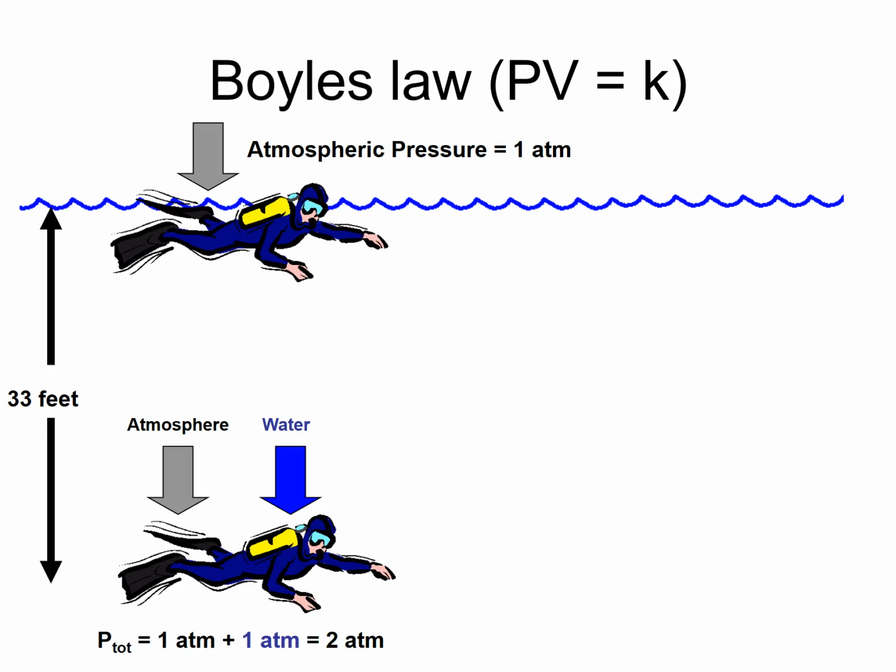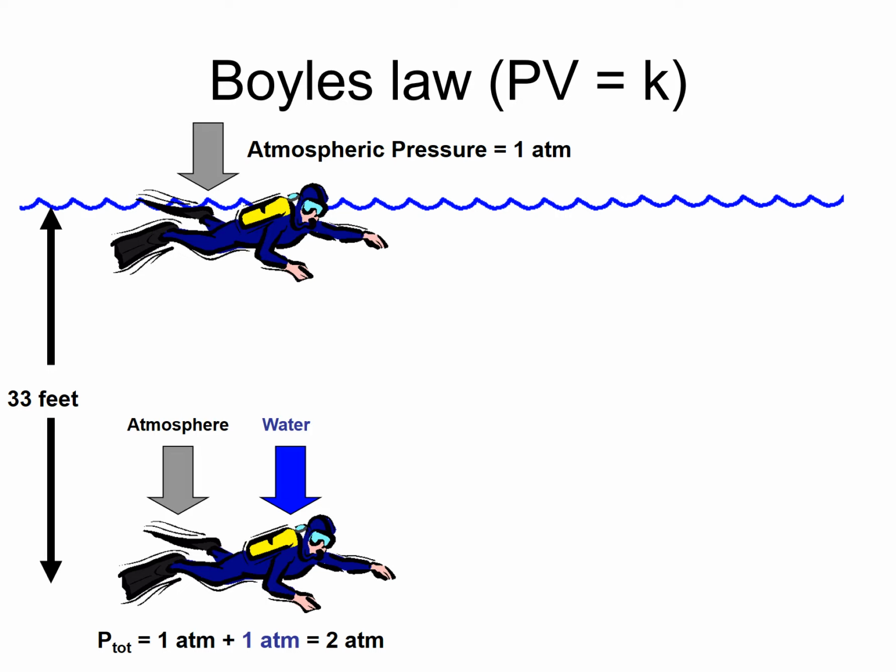The pressure of the water, now this is specific to 33 feet, at 33 feet, the water pressure is an additional 1 atmosphere. You combine that now with the weight of the atmosphere. We've got atmospheric pressure plus the water pressure in blue, and the scuba diver, well, she experiences a total combined pressure of 2 atmospheres.